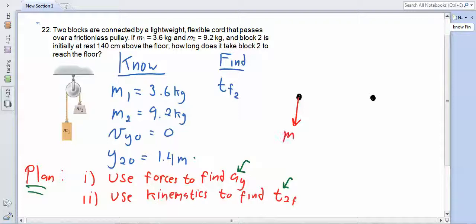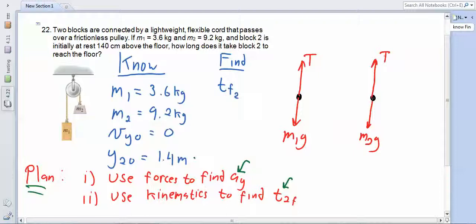Would be M1G, and then the block on the right would be labeled as M2G, and each of the blocks is being held up by the string, so there's tension in that string, and because we really only have one string in this problem, the tension is the same. And just as a check, the tension arrows should be pointing towards each other, which they would as they pass over the top of the pulley.